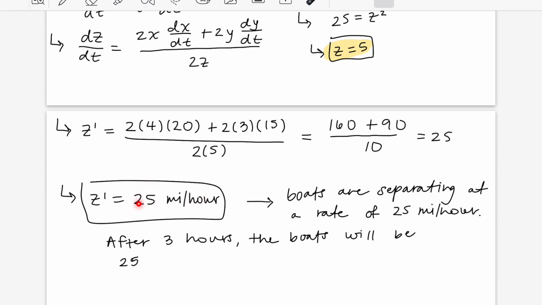So every hour it's changing by 25 miles. So we'll just do 25 times 3 to see the distance after 3 hours. So that'll be 75. So after 3 hours, the boats will be 75 miles apart.